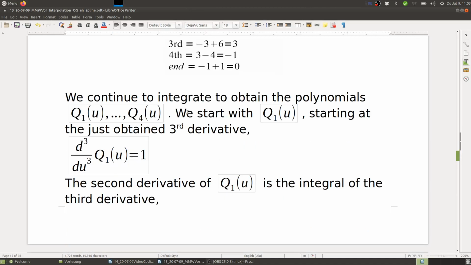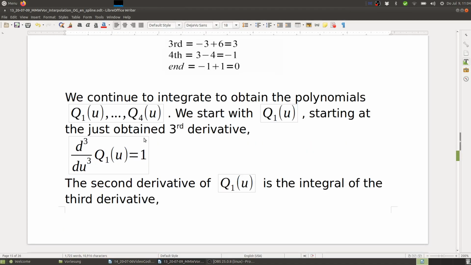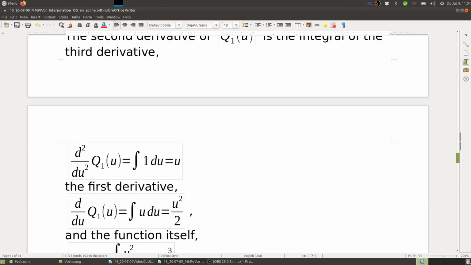So now we can continue to integrate to obtain the polynomials q1 to q4. We start with q1 of u, starting at the just obtained third derivative. So we saw here, first interval, third derivative was 1. So this is what we got. And then integrated to obtain the second derivative.